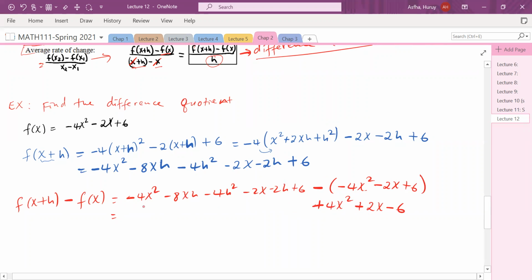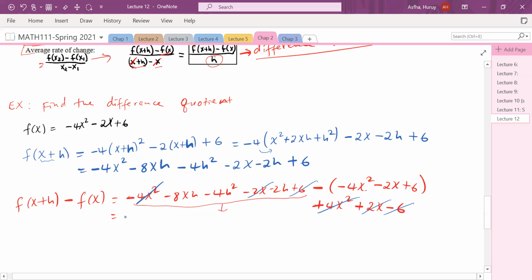And then we have this remaining part here. Let's see if we can find anything to cancel out. So we have this positive and negative, so they cancel each other. We have this one, they cancel each other, and we have this constant, they're gone.